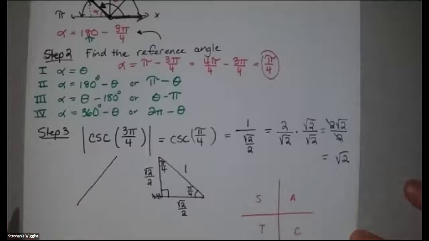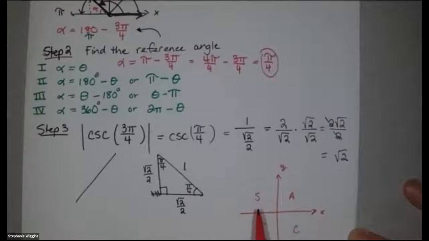Our angle that we're talking about is this one right here. It's in the second quadrant. Notice that from my little mnemonic here, all the trig functions are positive in the first quadrant. Sine is the only one that's positive in the second, along with its reciprocal. Tangent is positive in the third, and cosine is positive in the fourth.